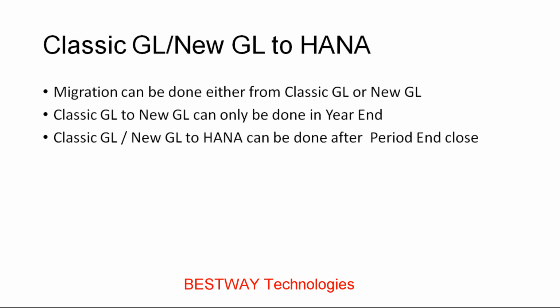If you have 10-year data, all 10-year line item data has to get migrated to ACDOCA, because ACDOCA is a complete line item table. As all 10-year data has to migrate line item wise, whether you migrate this month end or next month end, there will be just a small increase of data. Other than that, we don't have any other issues.